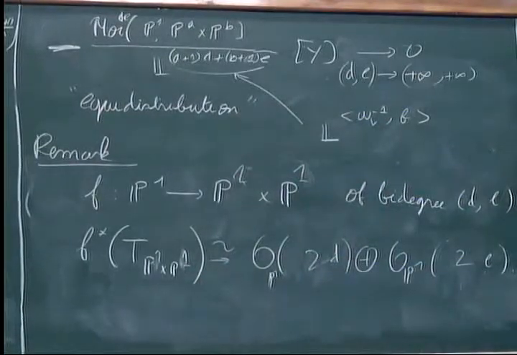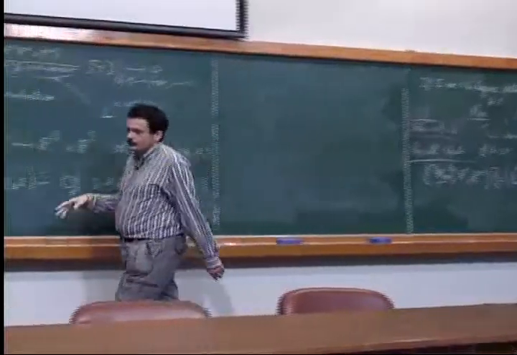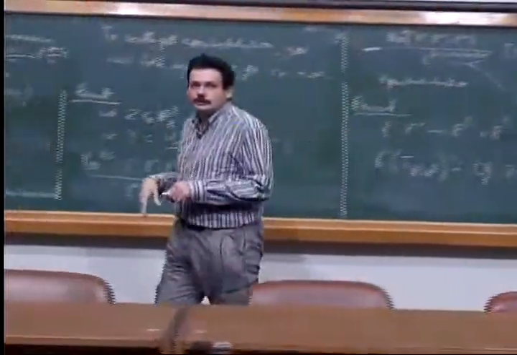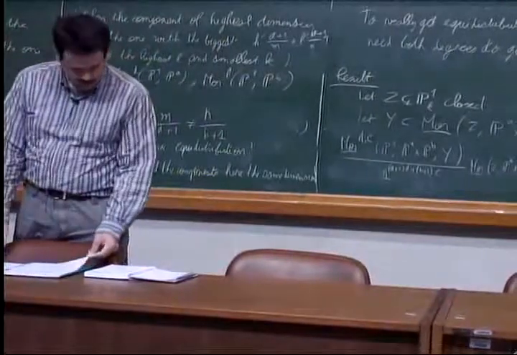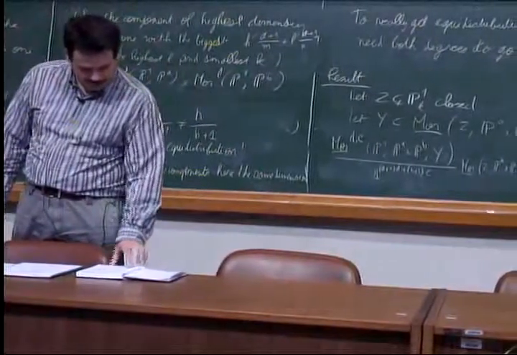But of course, in general, you have a similar description. And again, in general, you already need both of the degrees to go to infinity to get the thing as free as you want.